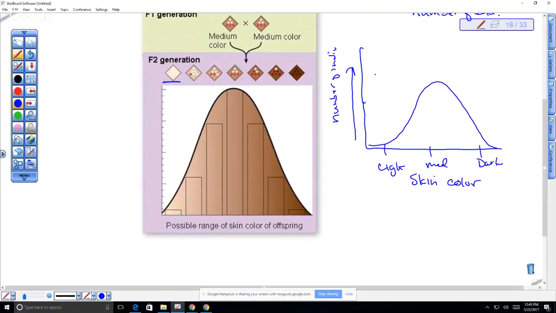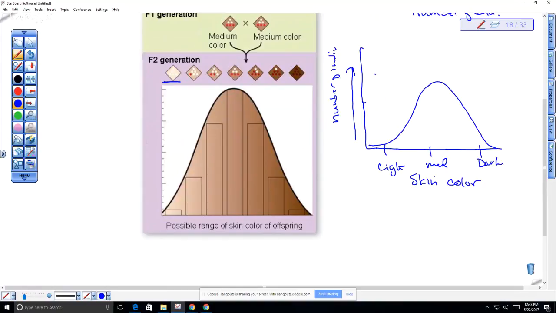Okay. So another good example of this would be height, right? If you lined everybody up, most people are of an average height. Some people are really short, some people are really tall, right? But you see a normal distribution. And height is also determined by nutrition, right?